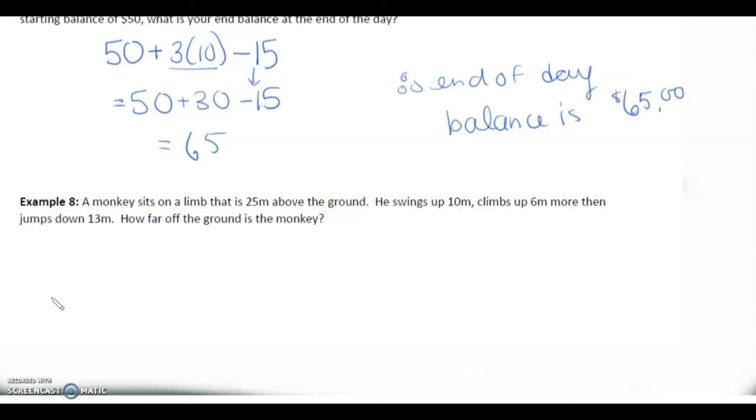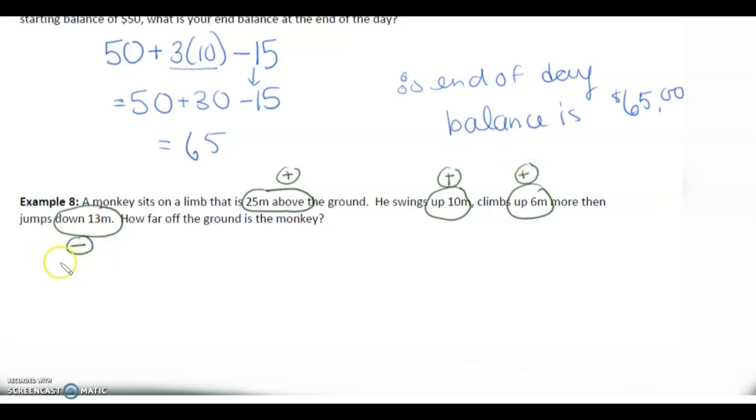Okay, example 8. A monkey sits on a limb that is 25 meters above the ground. So that's like above. He swings up 10 meters, climbs up another 6, so up 6 more, then jumps down 13 meters. So this is above, because plus, he swings up, he climbs up, and then he jumps down.